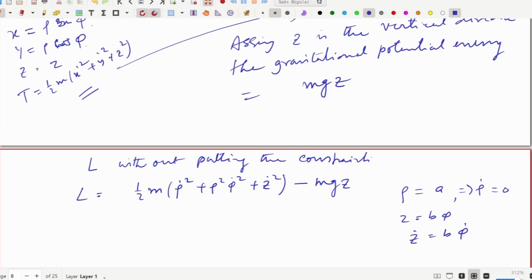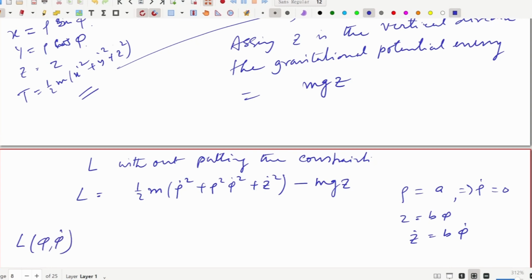Since z equal to b phi, you can write everything in terms of phi. So your Lagrangian will now be in phi and phi dot.